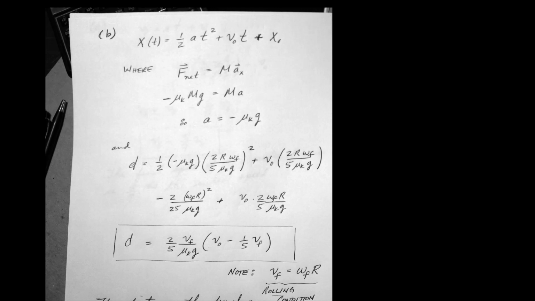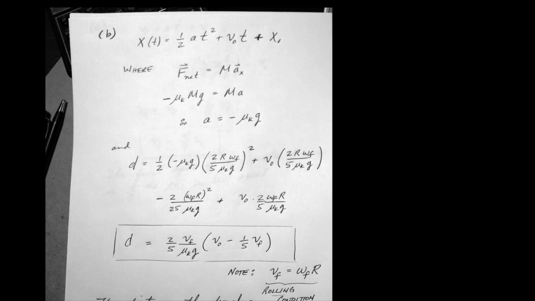To figure out what the acceleration is, you can use Newton's second law for translational motion, and we've got that the acceleration is negative the coefficient of kinetic friction times that gravitational field strength.